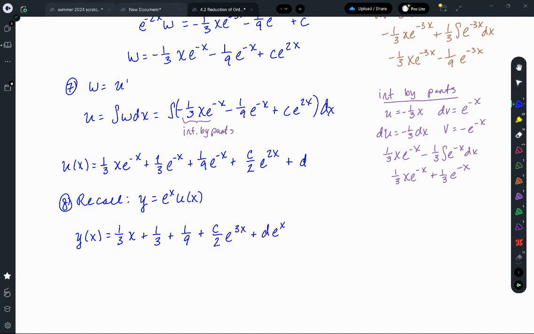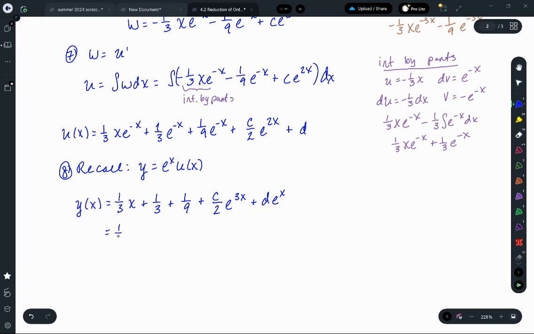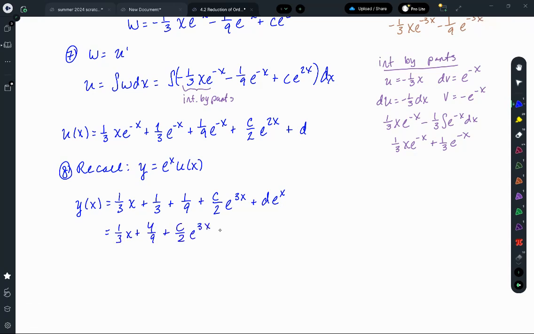Okay, I could write that out one more time if I wanted to add the 1/3 and the 1/9, but that's just a 4/9 right there. So it's 1/3 x plus 4/9 plus c over 2 e to the 3x plus d e to the x.